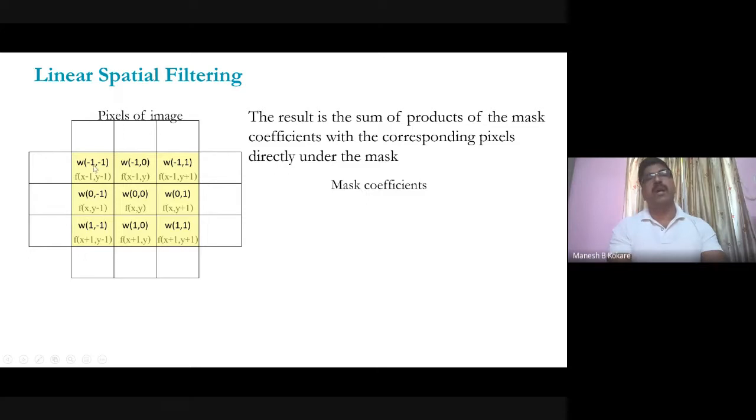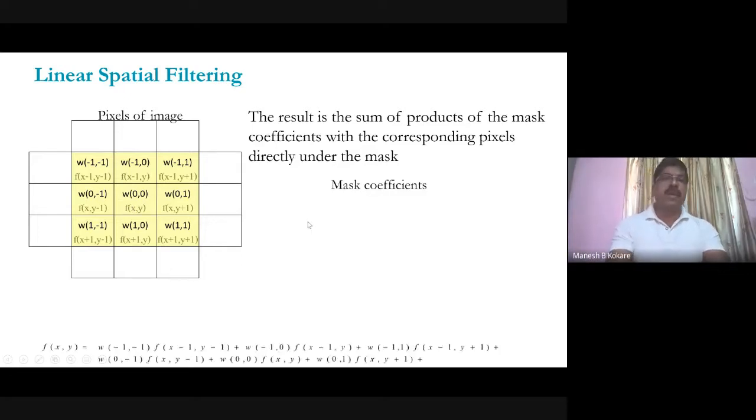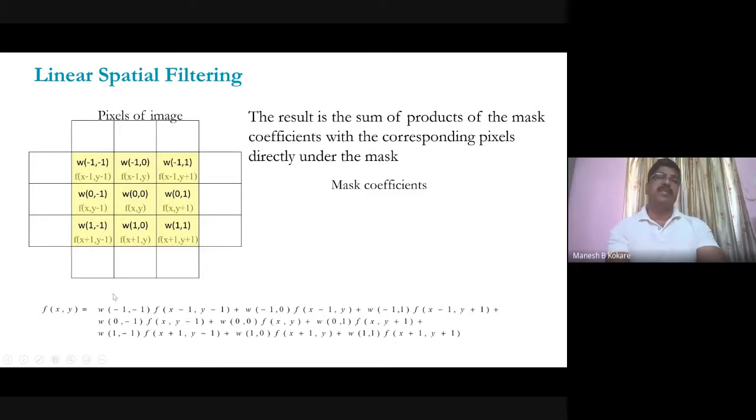The w's are the weights, and f(x,y), f(x-1,y-1) and so on are the pixel intensity values. So you are multiplying the weights with the corresponding pixels. The weight w(0,0) is multiplied with f(x,y), and this multiplication is done for all these cells, and finally all of them are added together. That will be the filtered value of this location.